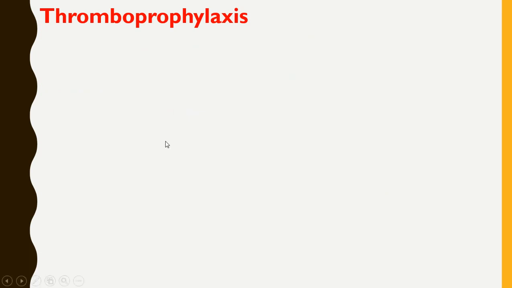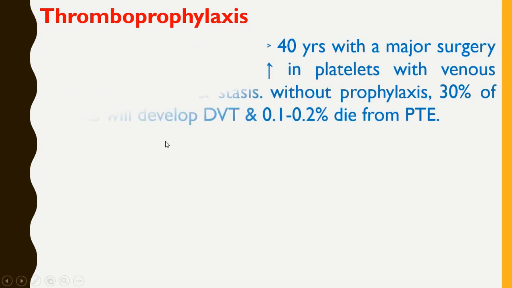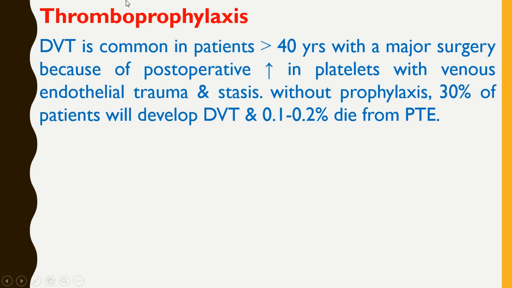The other subject is thromboprophylaxis. DVT is common in patients over 40 years with major surgery because of post-operative increase in platelets, venous endothelial trauma and stasis of blood. Without prophylaxis, 30% of patients will develop DVT and 0.1 to 0.2% die from PE, pulmonary thromboembolism.